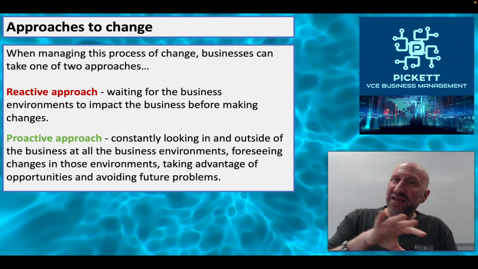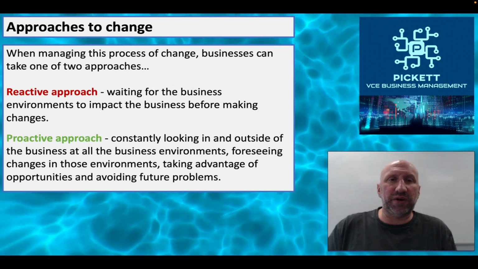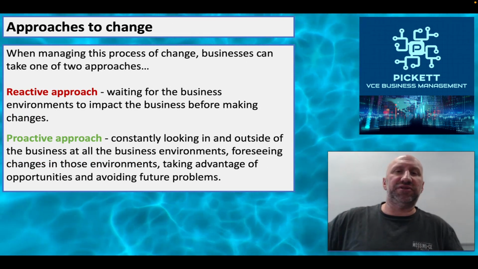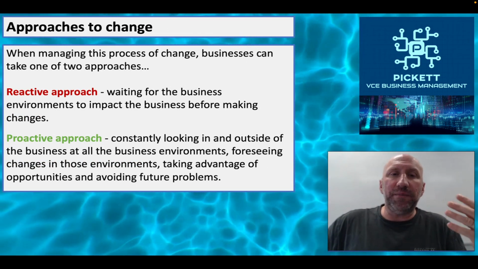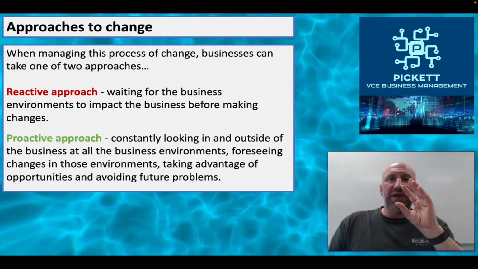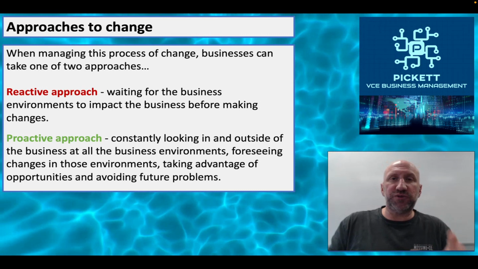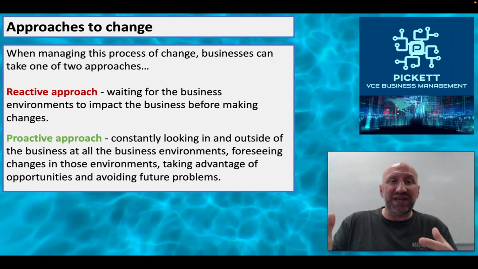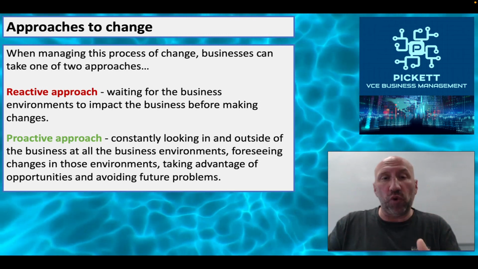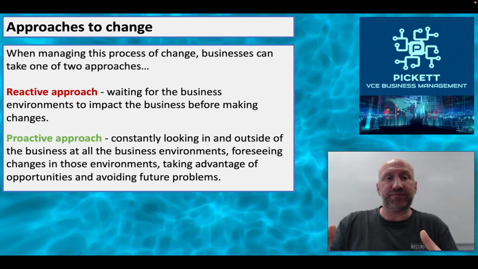Now we're getting on to that second key knowledge dot point. I said this is a real quick one, right? It said proactive and reactive approaches. Again, look, this is real simple, okay? When managing the process of change, businesses can take one of two approaches. They can be reactive, which means they are literally waiting for those business environments to impact the business before making the changes.